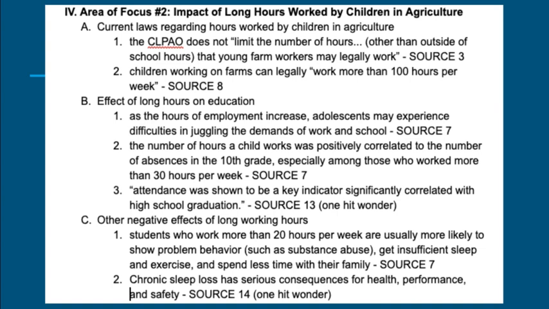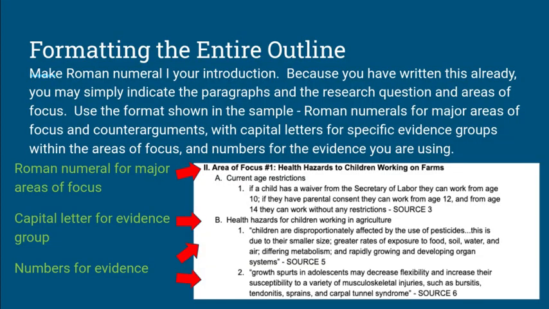If you're struggling with that, please reach out and let me know because we would like to have this set up properly. Okay, your entire outline, again, it's Roman numerals for the major areas of focus, including those counter arguments, capital letters for the evidence groups, and then numbers for the specific pieces of evidence in each group.